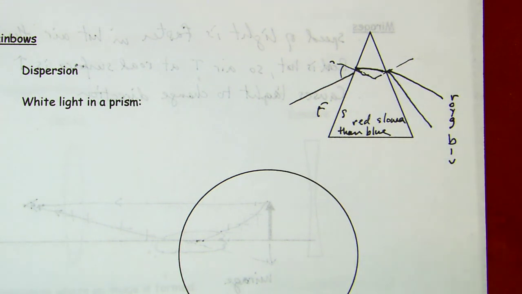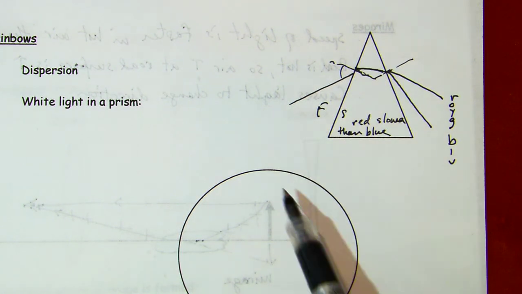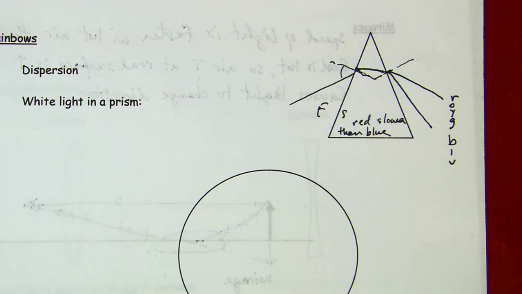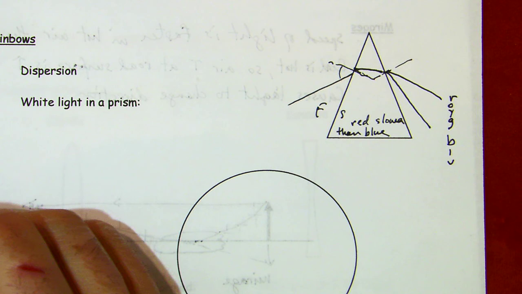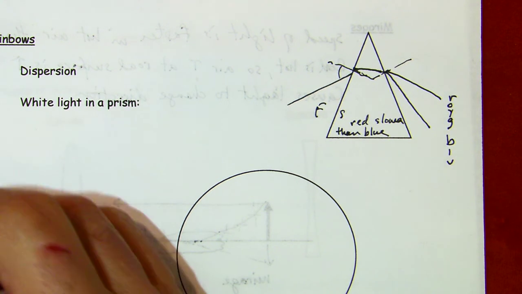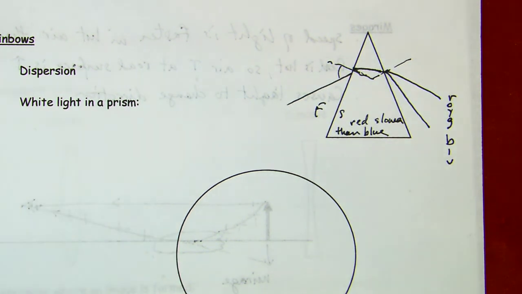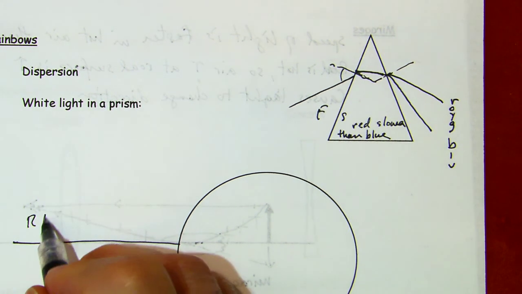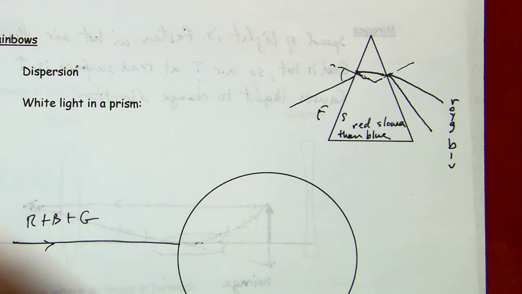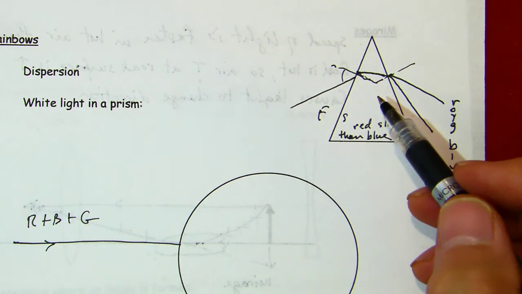All right, well, let's imagine now how a rainbow would work. This is a droplet of rain in the sky, water. That's what clouds are. They're just moisture. And you've got the sun over here behind you, like this, and it sends in white light. Okay, as we know, that is made up of red plus blue plus green, all the different spectrum colors, just like up here at the prism.